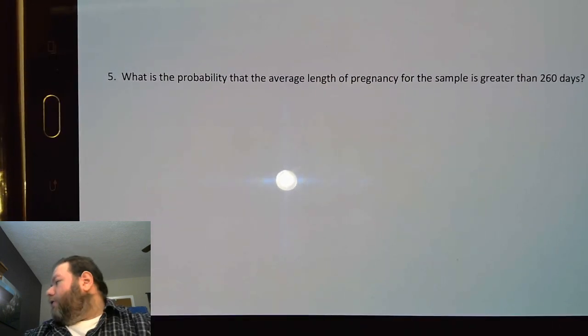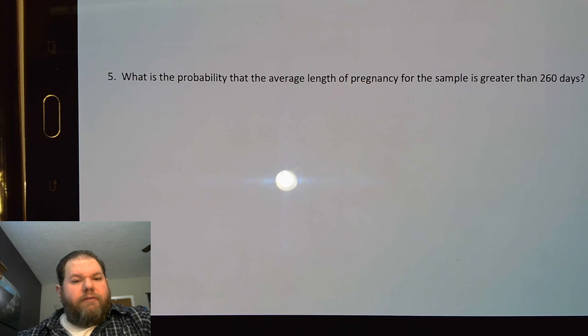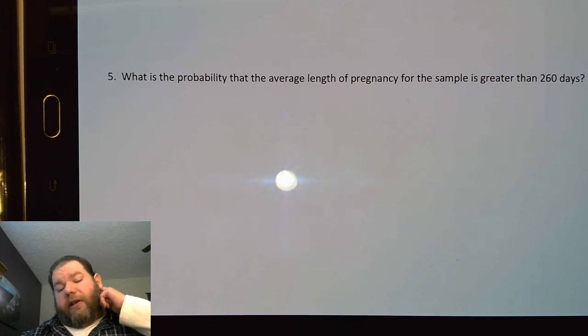Problem 5 follows that. It says, what's the probability that the average length of pregnancy for the sample is greater than 260? Well, we just repeat the whole process, but now we do greater than 260 instead of less than 270. So it's almost exactly the same.